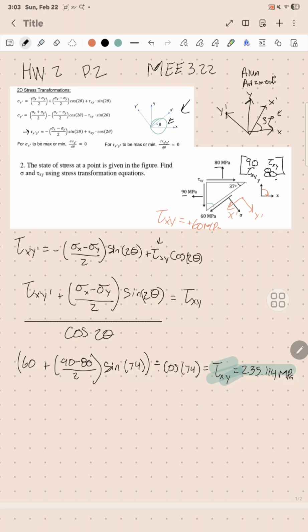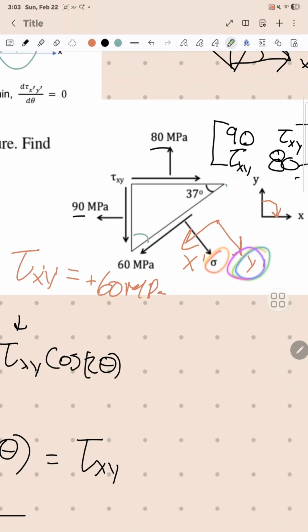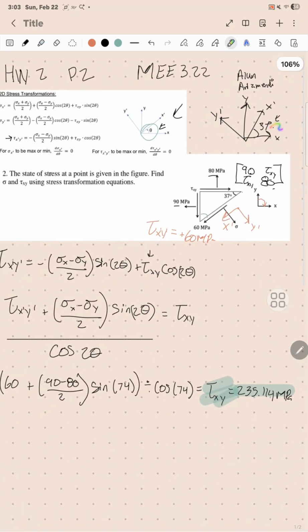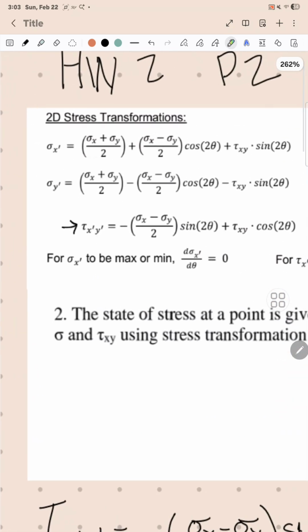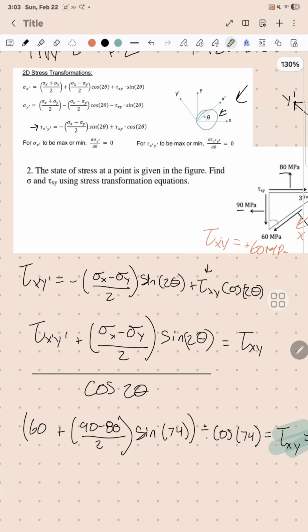Now what I'm going to have to find is going to be this sigma. In order to pick what equation I'm going to be using is what I did at the beginning, which was to find whether this guy right here is x or y. In our case, I picked it to be y, which is why I'm using 37 degrees. So I'm going to be using this equation. Cool.